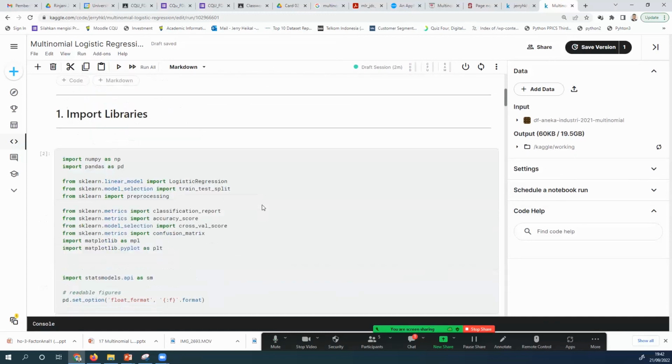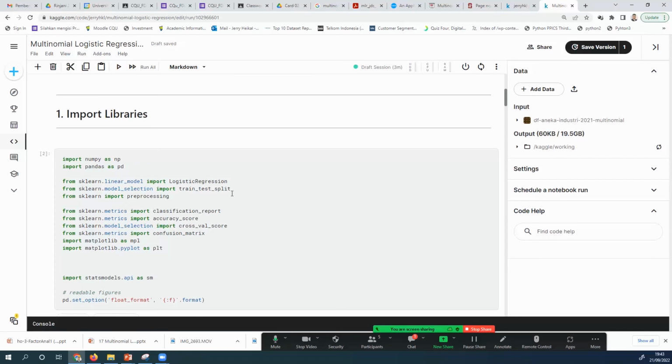Okay, and then as usual, we import NumPy as np, import Pandas as pd. From scikit-learn, we import LogisticRegression. From scikit-learn model selection, we import train_test_split. So we model the data from the training data and test the data from the testing data.